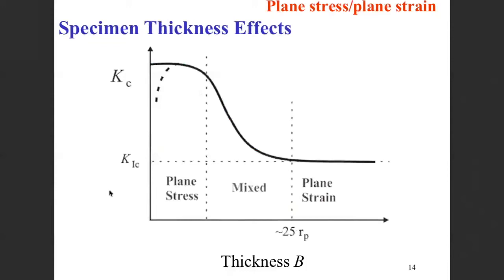So that means ideally what we want is a test that gives us pure plane strain, because then we don't have to have a huge sample, right? So if we have a plane stress K1C measurement, right, we need a gigantic test, right?